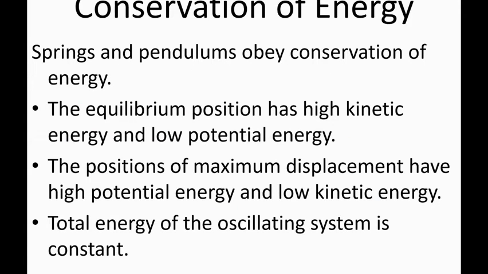So when I'm looking at springs or pendulums, I'm also looking at conservation of energy. And we actually spent quite a bit of time talking about springs when we talked about conservation of energy. We also talked about pendulums. Okay. The equilibrium position has high kinetic energy and low potential energy.